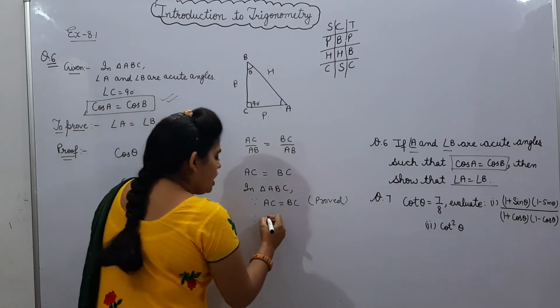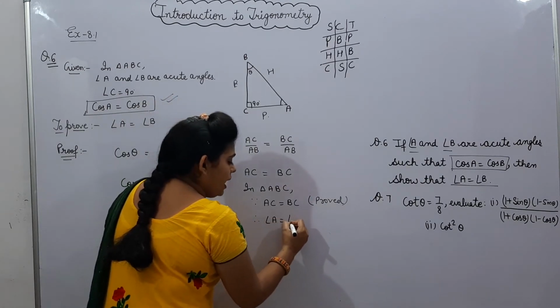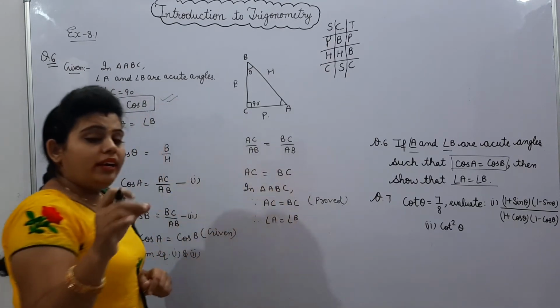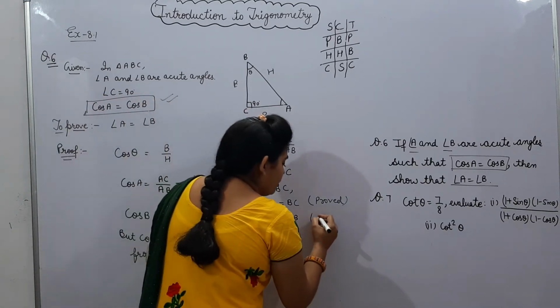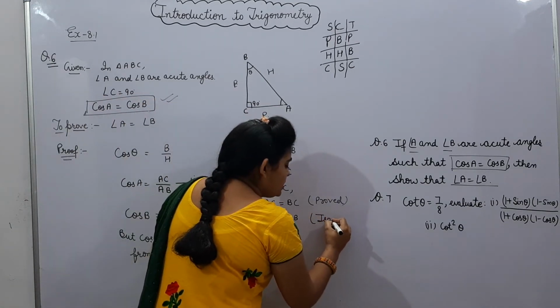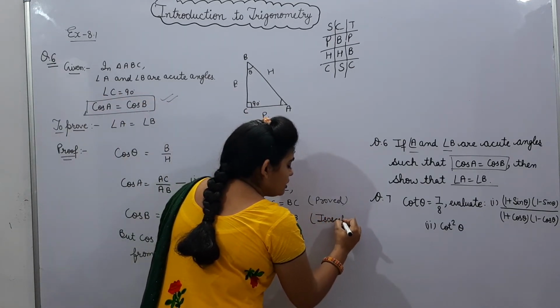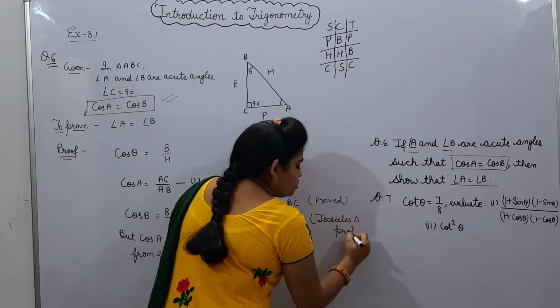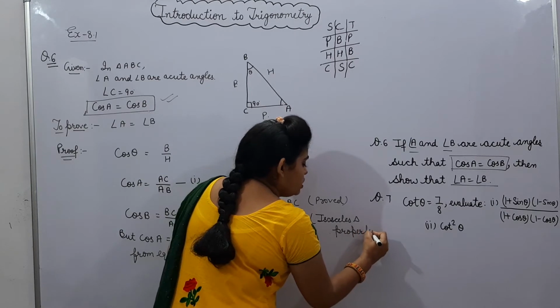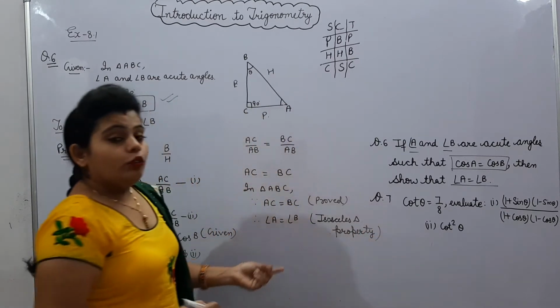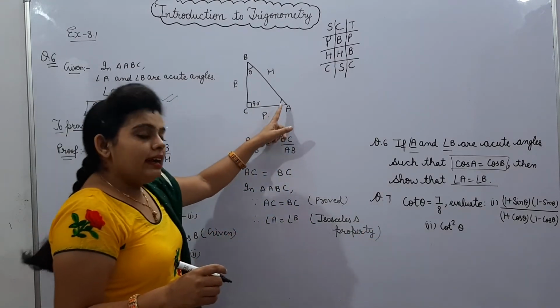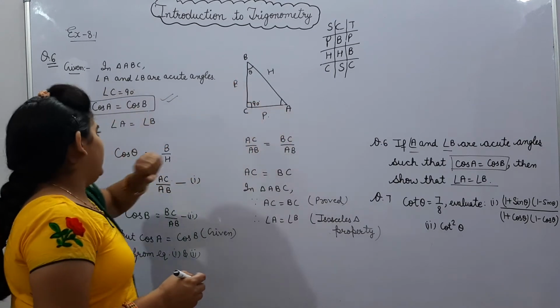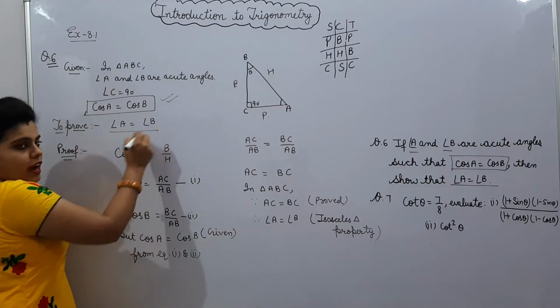So angle A is equal to angle B, and this property is known as the isosceles triangle property. So by using the isosceles triangle property, we have proved that angle A is equal to angle B, and this only we have to prove.